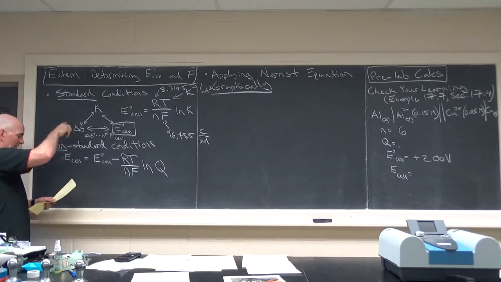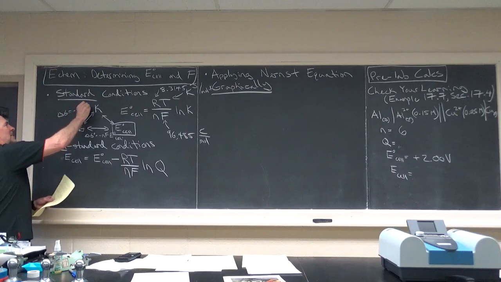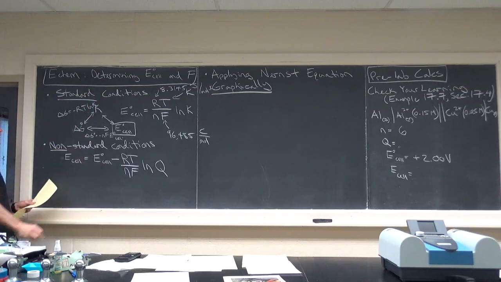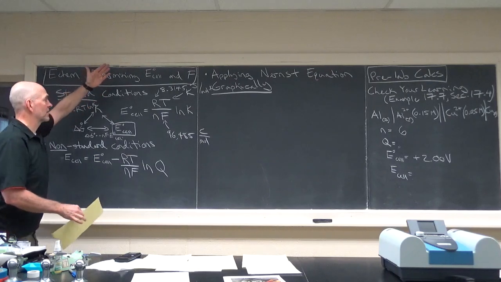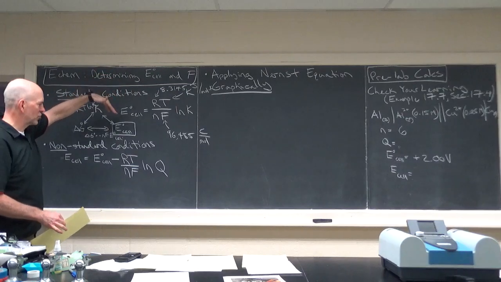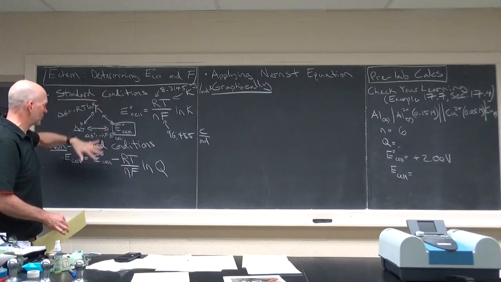And to go between these two, it's delta G equals minus RT natural log of K. That's just a review, so be able to do those kinds of problems. Those are standard conditions: 25 degrees Celsius, concentrations of 1 molar, 1 atmosphere pressure, all that good stuff.